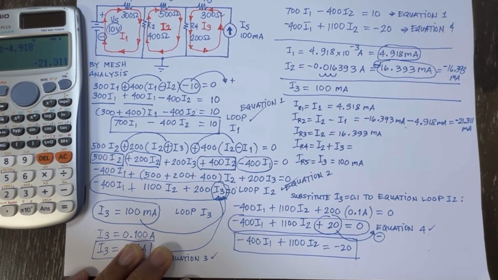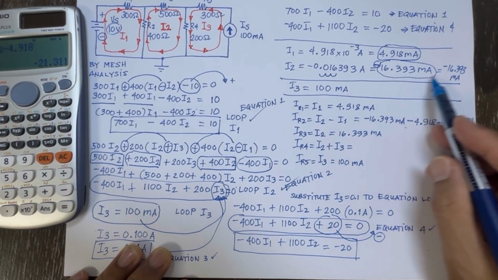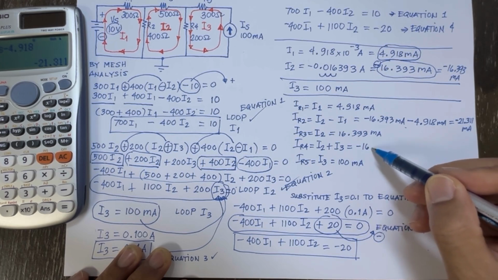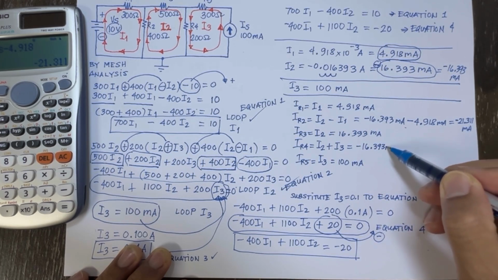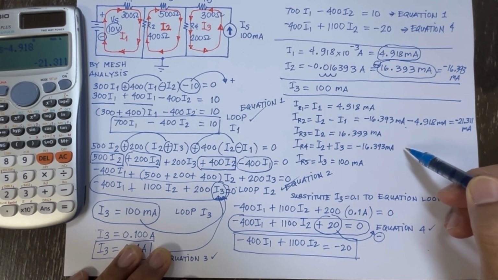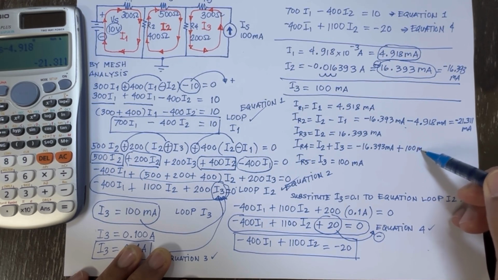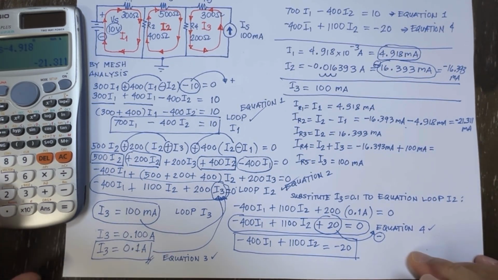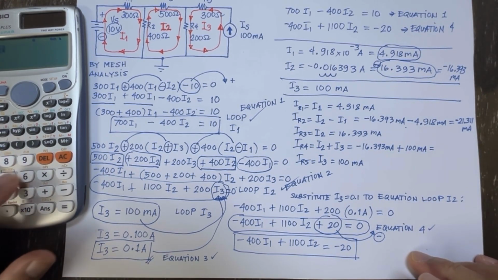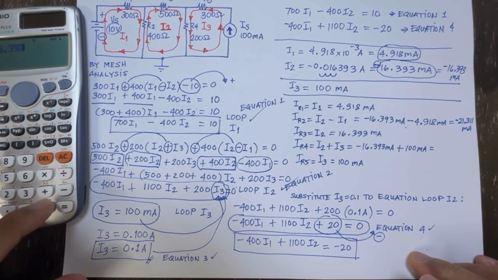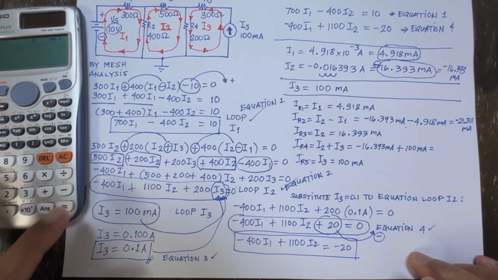And let me get the value of I2, which is equal to negative 16.393 milliamperes plus the I3, which is 100 milliamperes. So in effect, it's like we are subtracting the two, 100 minus 16.393.